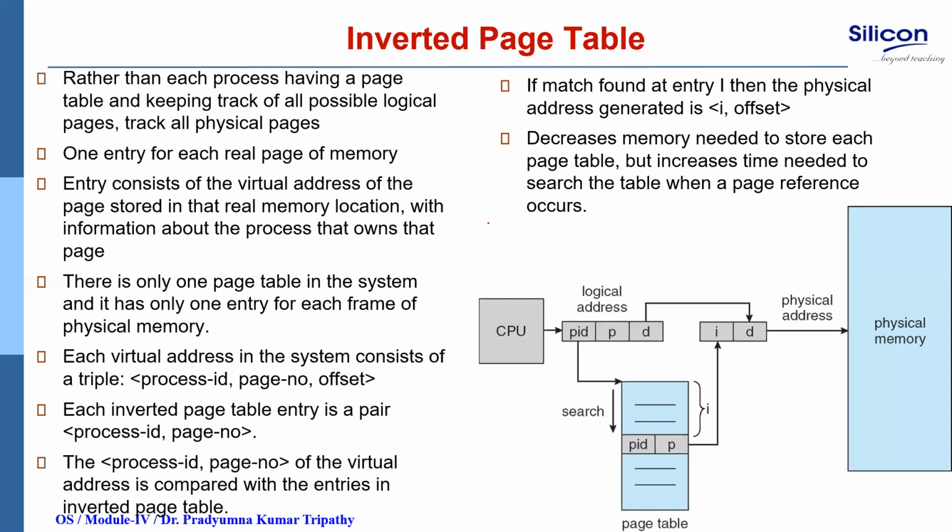Any guess? I have already told you also. Sir, for the entire operating system. No, actually for every process there is a PMT, because every process has a different number of pages. So therefore for every process one PMT is there.